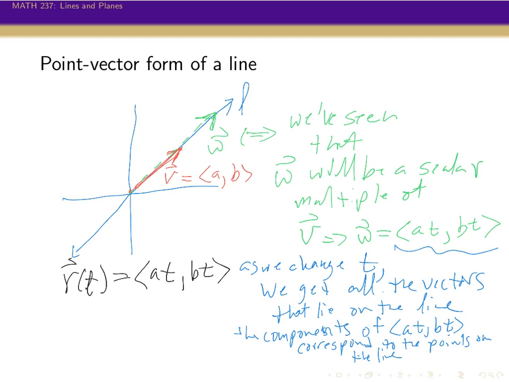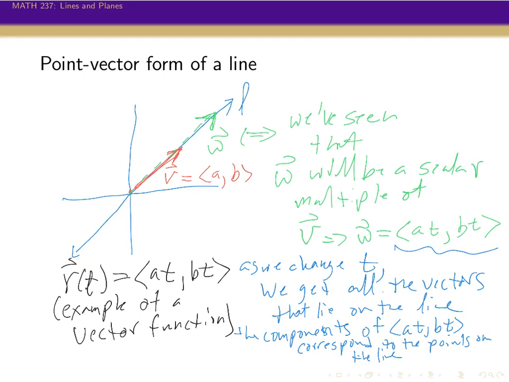T really can be talking about anything. And so as we change this t, we get our x and y coordinates on the line. So this is an example of what's called a vector function. We'll be talking about vector functions a whole lot coming ahead.